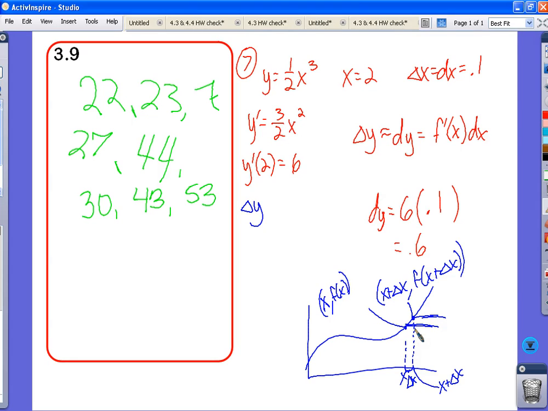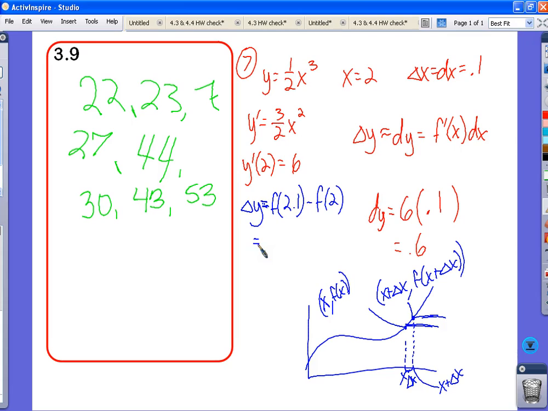So we need f of, what's x? 2, and what's delta x? It's 0.1, and what's x plus delta x? 2.1. F of 2.1 minus f of 2.